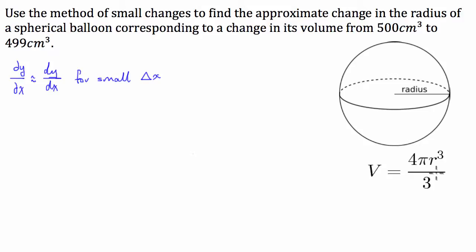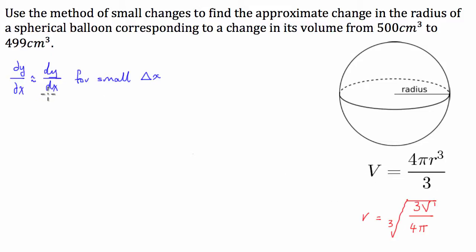We're going to do a bit of simple algebra: times both sides by 3, divide both sides by 4 pi, and then cube root each side. So we end up with r is equal to the cube root of 3v divided by 4 pi, and that's it.